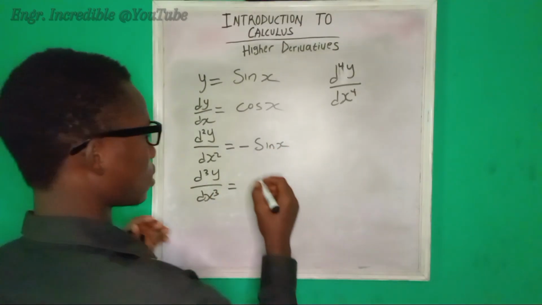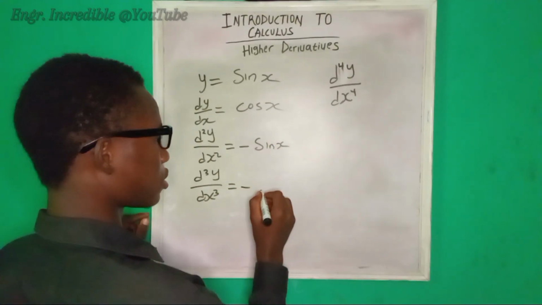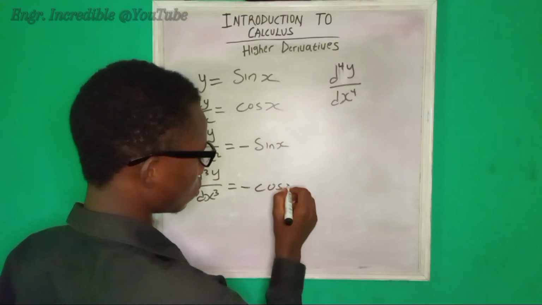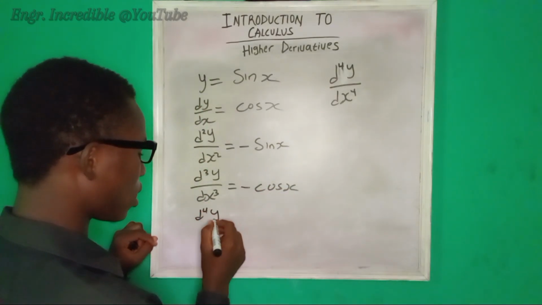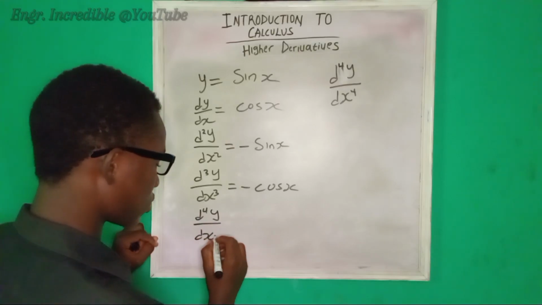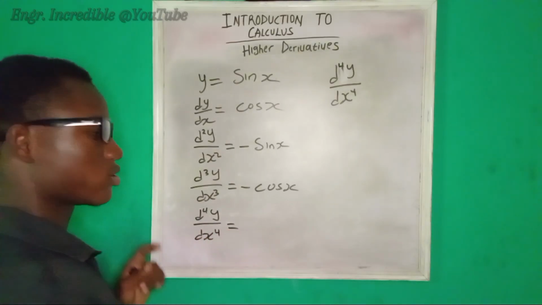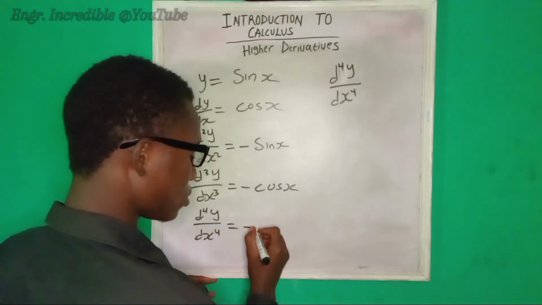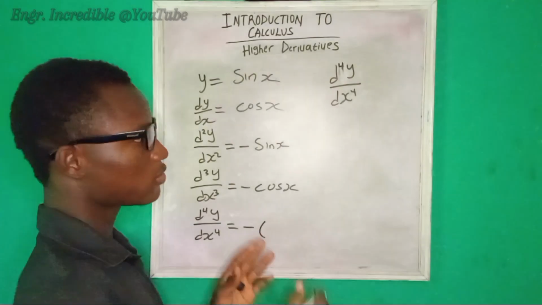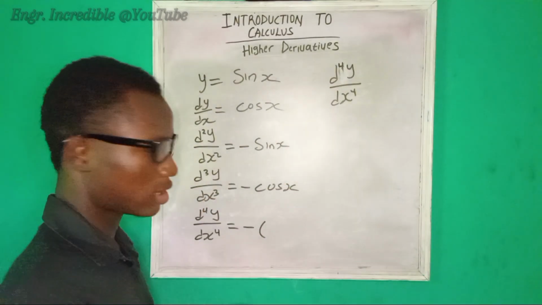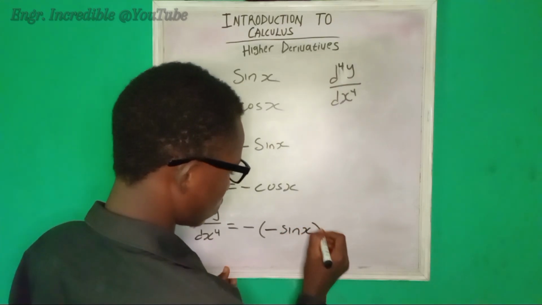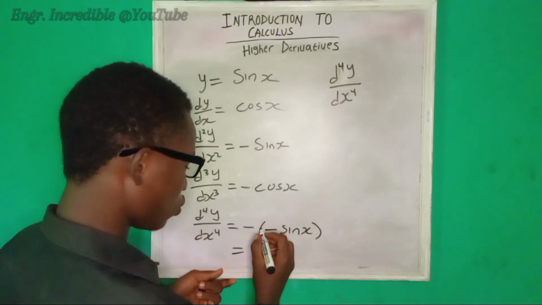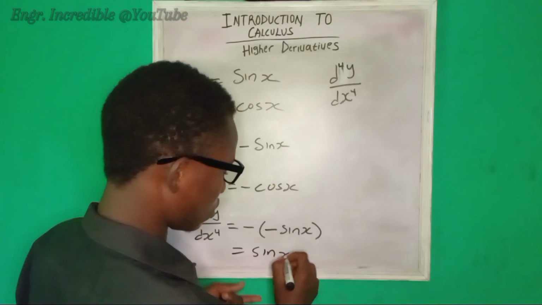Then d³y/dx³, differentiating sin x gives cos x, so we have minus cos x. And we have to find d⁴y/dx⁴. We are going to end up having minus times the derivative of cos x, which is minus sin x, so minus times minus sin x. At the end of the day, this will equal sin x.